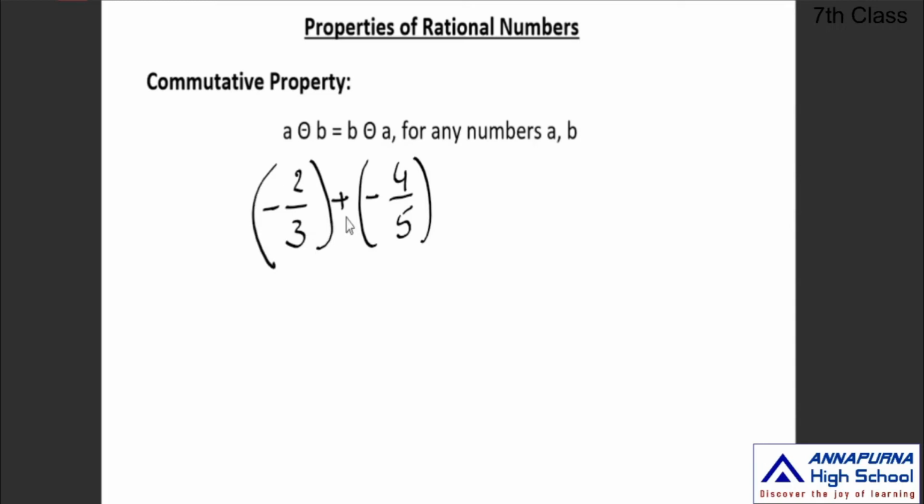Minus 2 by 3 plus minus 4 by 5 is equal to, find the LCM. Here the denominator is 3, here the denominator is 5, their LCM is 15.